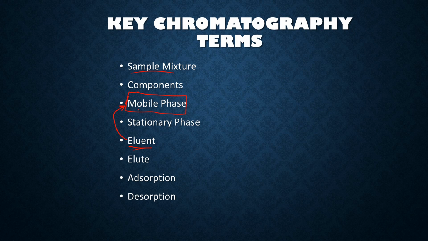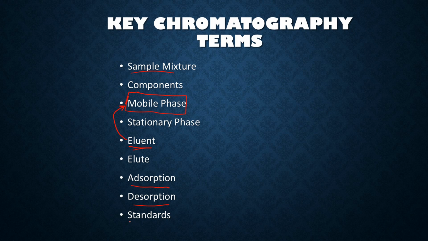When you run your mobile phase across your stationary phase, you get adsorption between the components within the sample mixture and the stationary phase, and desorption when the components stop interacting with the stationary phase in the paper chromatogram or the column.